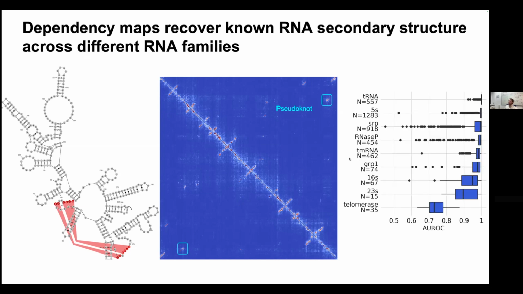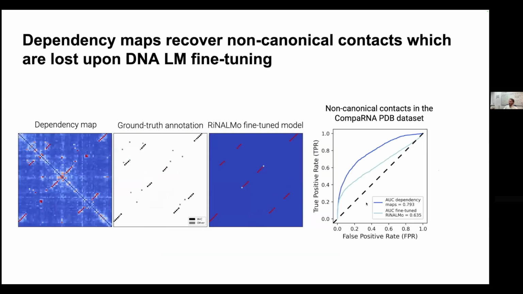And in fact, if you take just the dependencies to score secondary structure contacts, you can already do a pretty good job across different families of RNAs. But another thing that we have found is that there are several false positives in the dependency maps that do not belong to the secondary structure, but actually belong to non-canonical structural contacts.